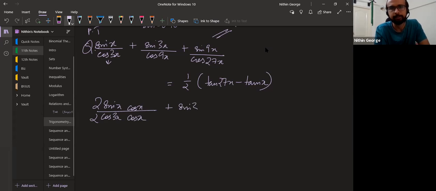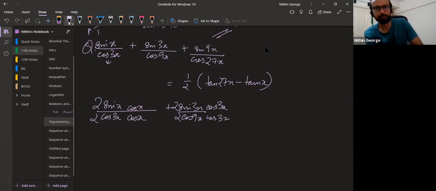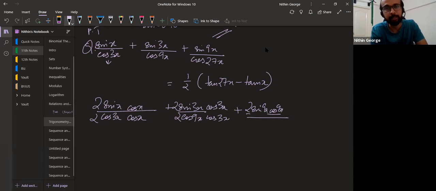Then the sin 3x by cos 9x, I'll write it as 2 sin 3x cos 3x, so there'll be a 2 cos 3x here. Now the third part is 2 sin 9x cos 9x, multiplied by 2 cos 9x, then multiplied by cos 27x cos 9x into 2. All right, got this much?